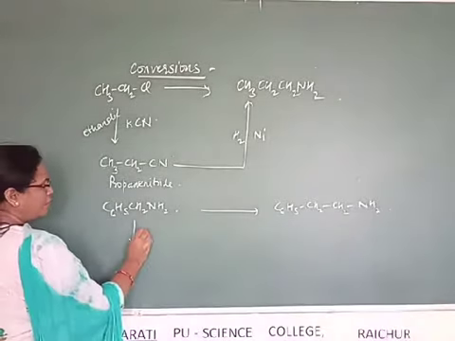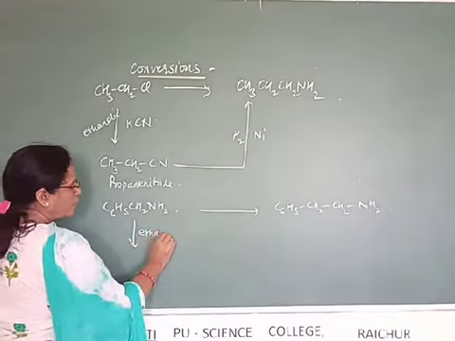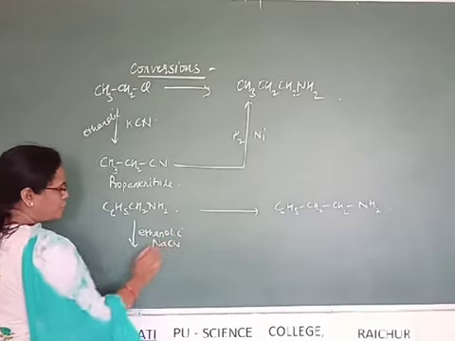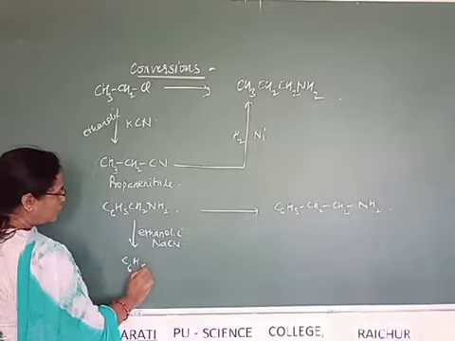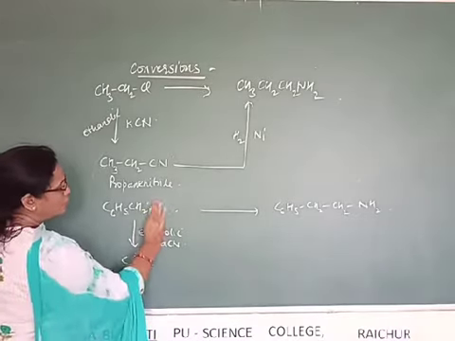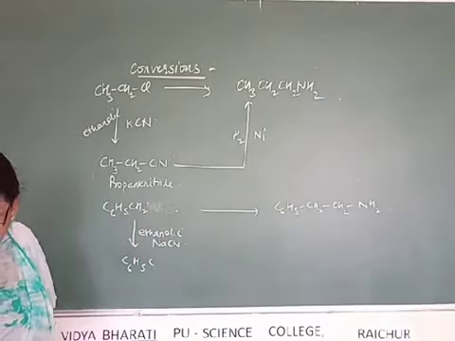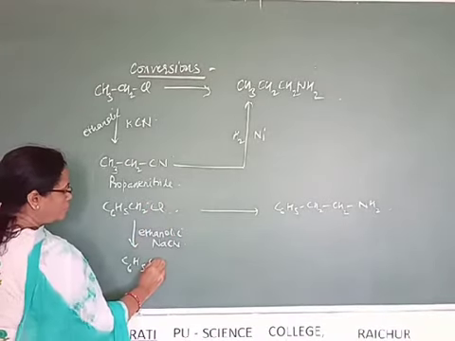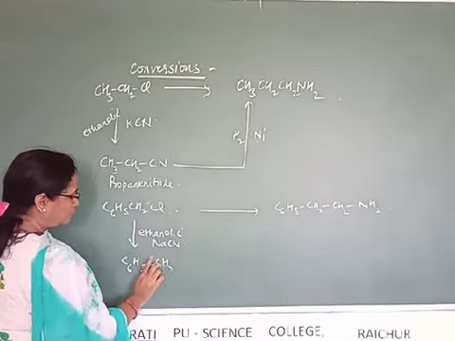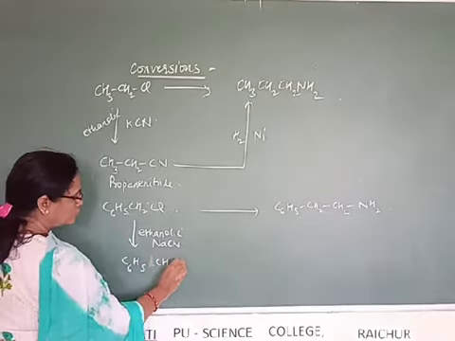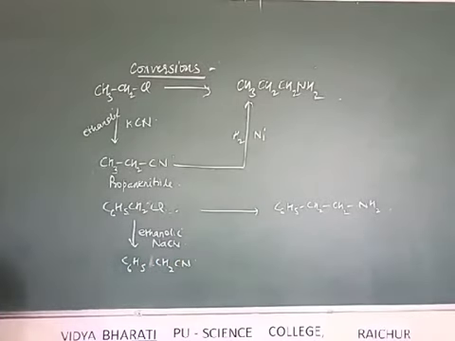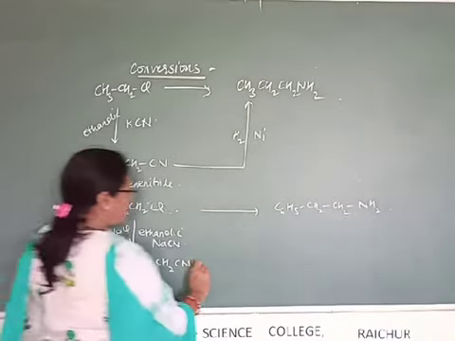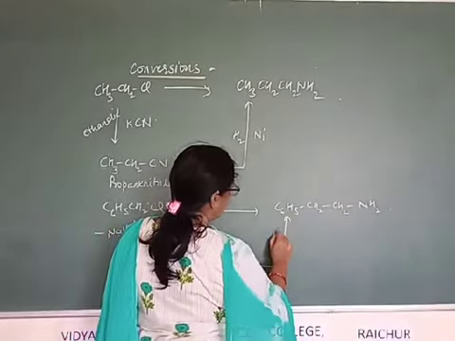So treat it with ethanolic sodium cyanide or potassium cyanide. Sorry, here it is chloro. So you will get here CH2Cl. NaCl will be removed and you can reduce it.